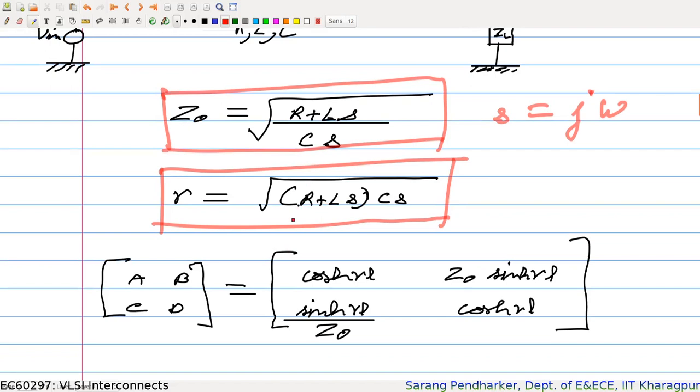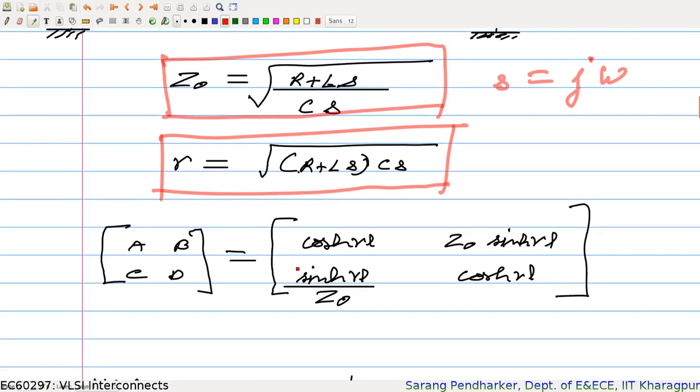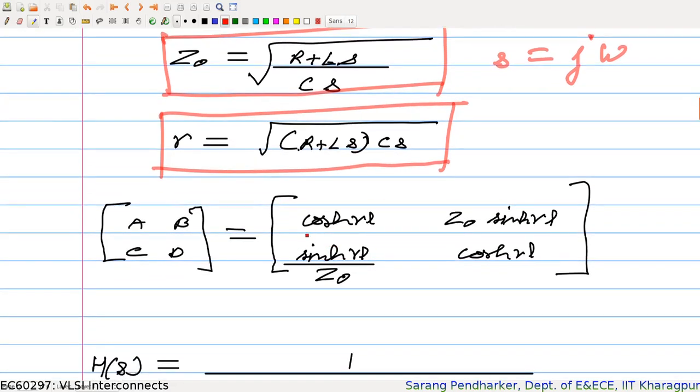And for this we had derived in lecture 12 that my ABCD parameters are given by cosh. So A is given by this, my B is given by this term, and my C is given by this term, and my D is equal to A, which is given by this term.